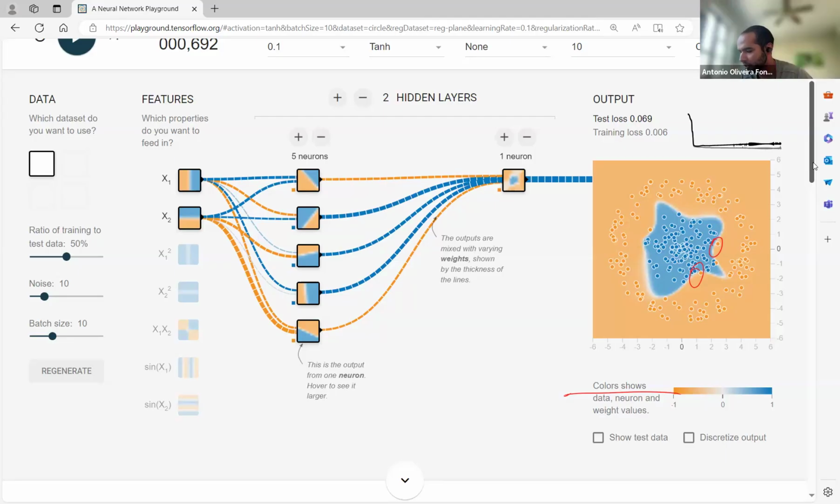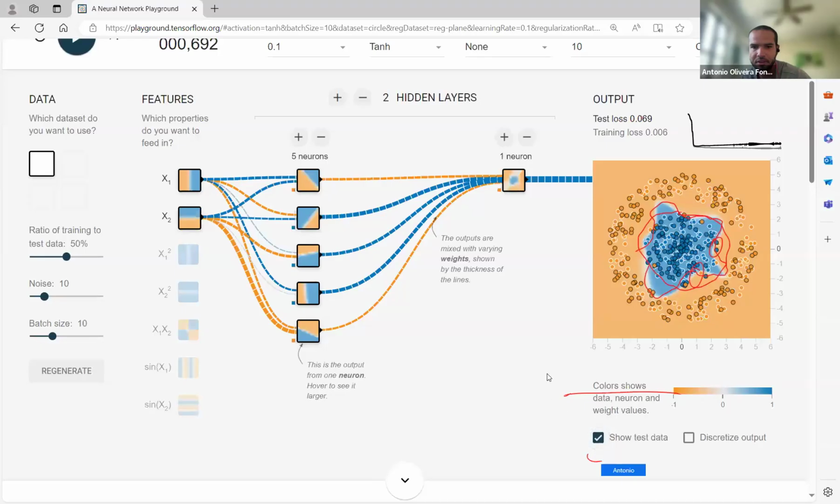When you had the circle hyperplane, I think those points are being misclassified. Here it actually looks like this is becoming a little hard-coded, but it's performing well. Can you show the test data? Click on this button down here, show the test data. Okay.